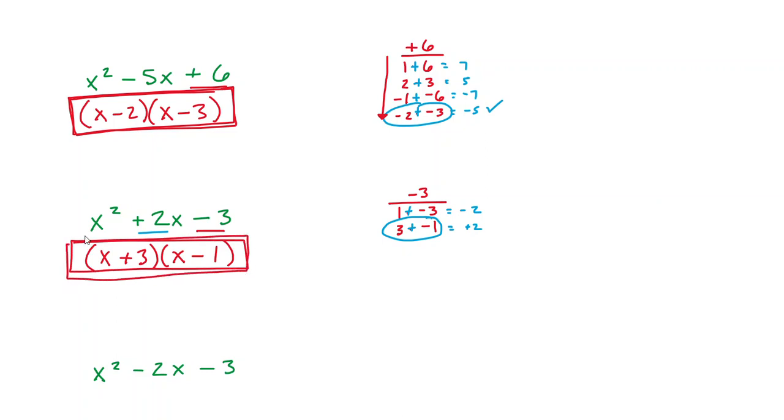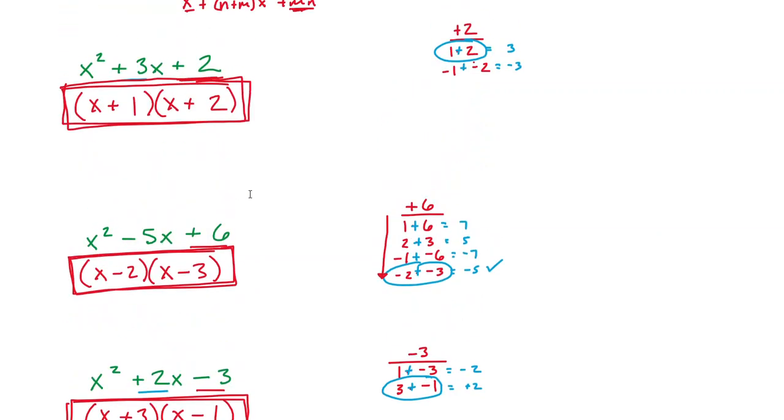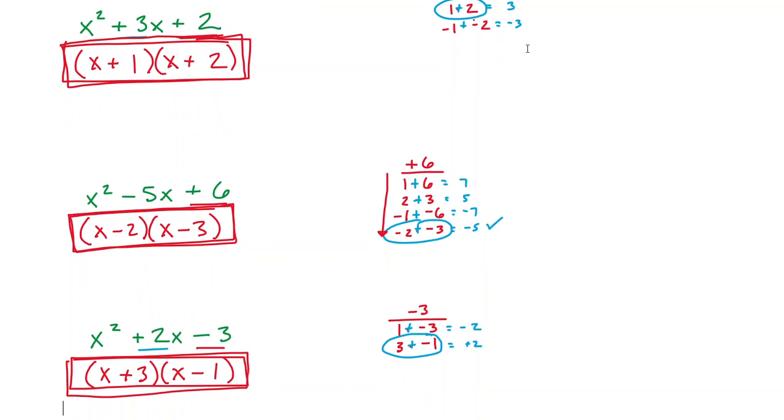Now, notice each of these problems that we've done so far has something different about them. Let's see if I can get them all on the screen here. In the first one, both signs were positive.